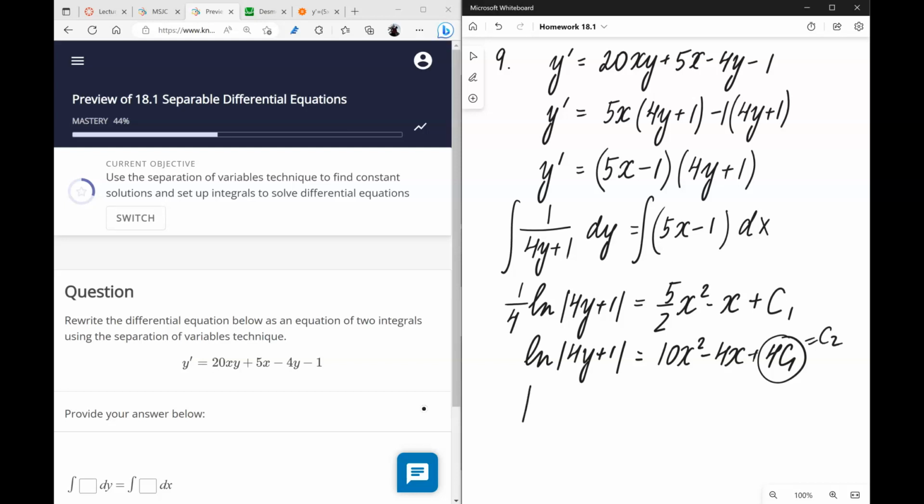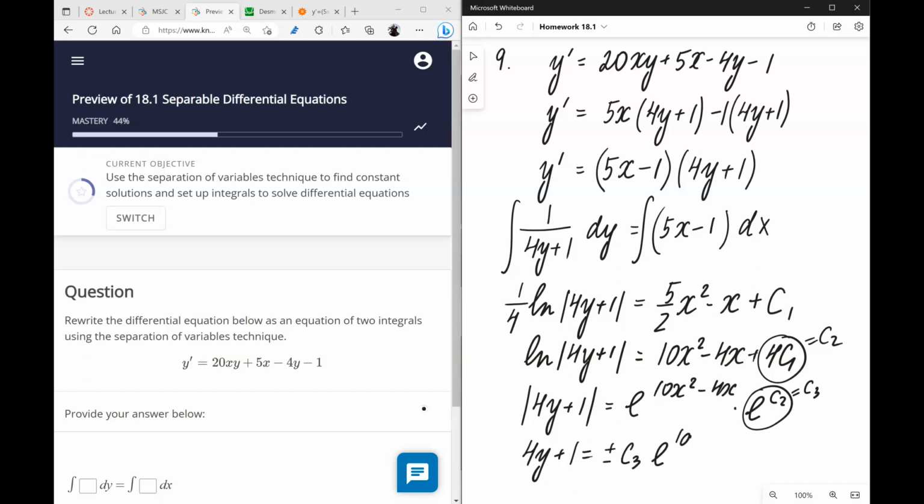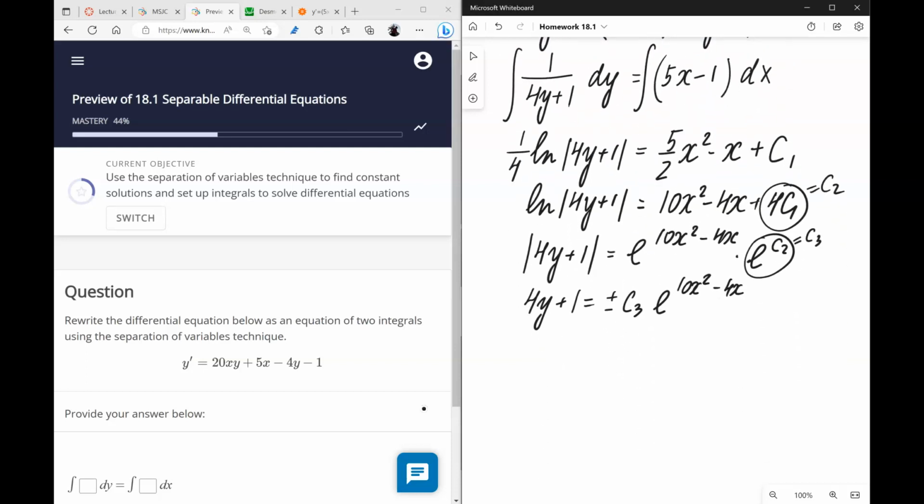Now we exponentiate both sides, so we have absolute value of 4y plus 1 is equal to e to the power 10x squared minus 4x times e to the power c2, which we would call c3. Now we have 4y plus 1 equals plus minus c3 e to the power 10x squared minus 4x. Let me go up. We're going to call this c4. Now we have 4y plus 1 equals to, actually, we need to subtract 1.